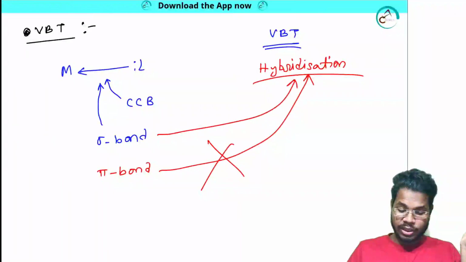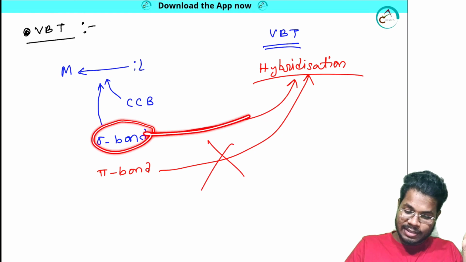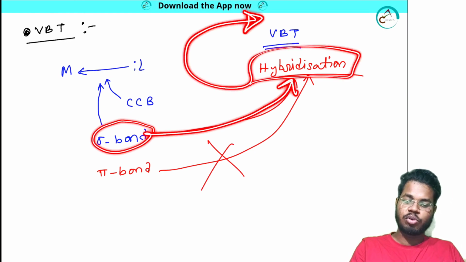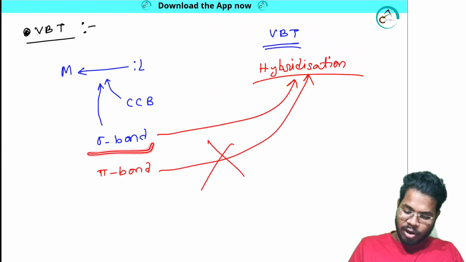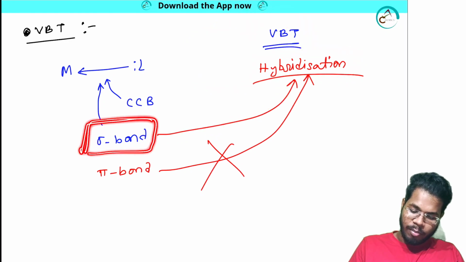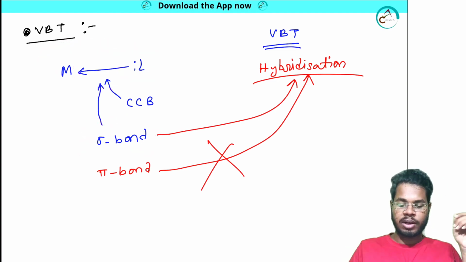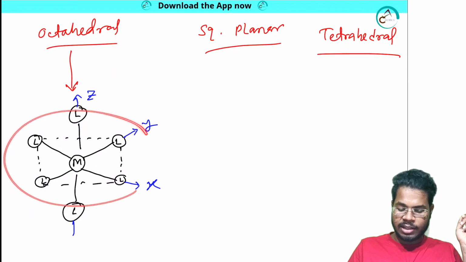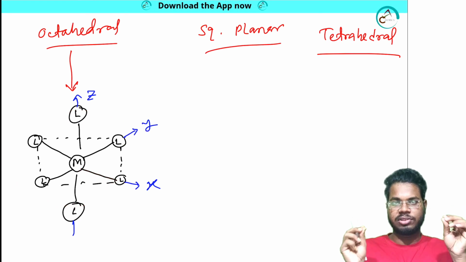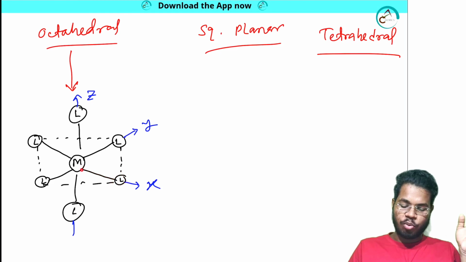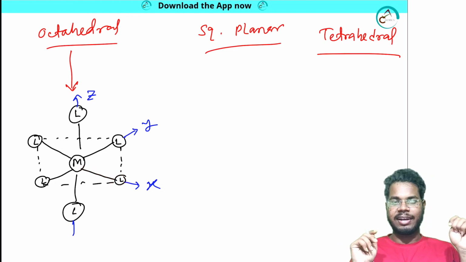What I told you is that a sigma bond is related to hybridization, which is related to VBT, so a sigma bond will form when direct metal-ligand interaction occurs. Metal should touch the ligand, the metal orbital should touch the ligand, right? So tell me which metal orbital directly touches the ligand.